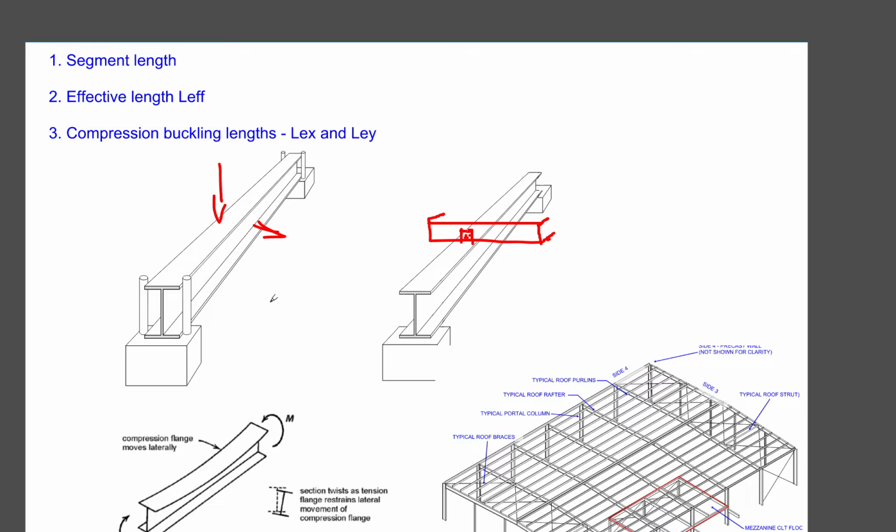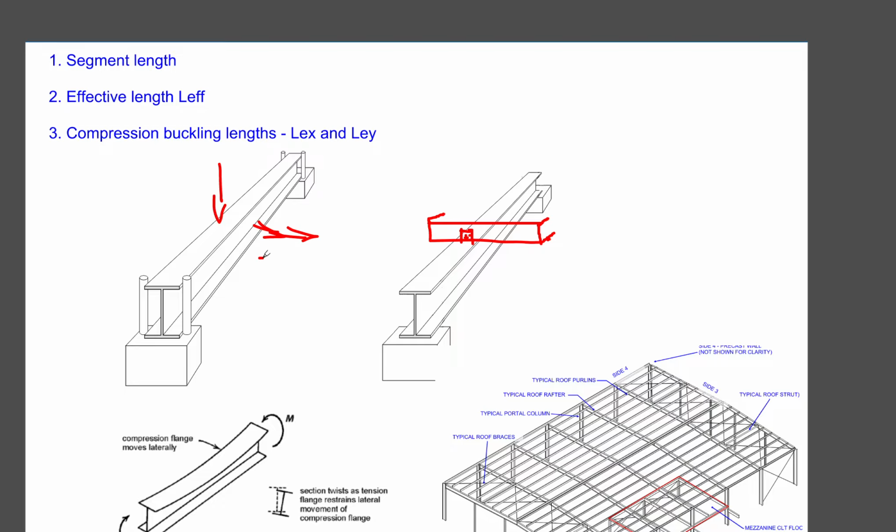So understanding the behavior of the I-beam, it twists, it goes sideways, right? There is a force when the beam is sagging, a force trying to kick the web out sideways.